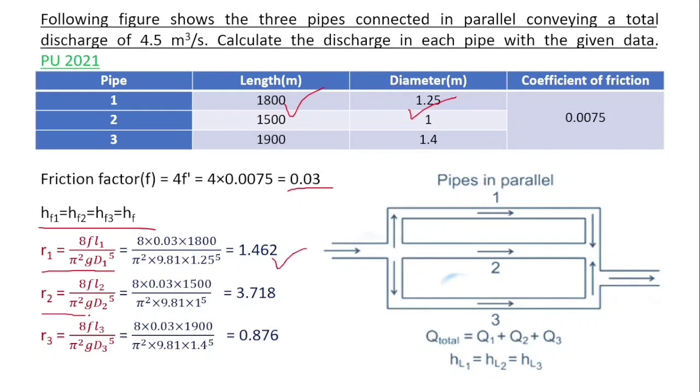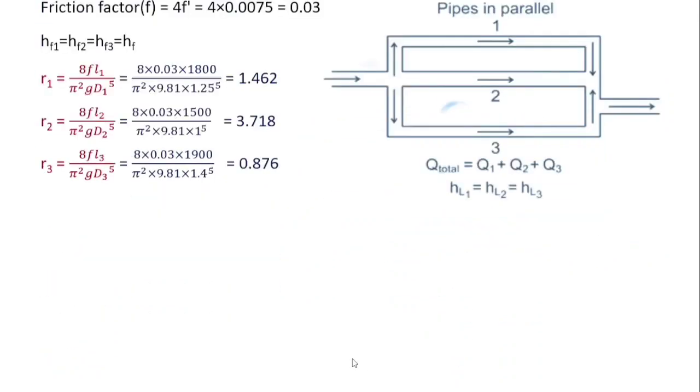And by using this equation, f is 0.03, L2 is 1500, D2 is 1 meter, so we got 3.718. And by this equation, f is again 0.03, L3 is 1900, and D3 is 1.4 meter, so we got 0.876.